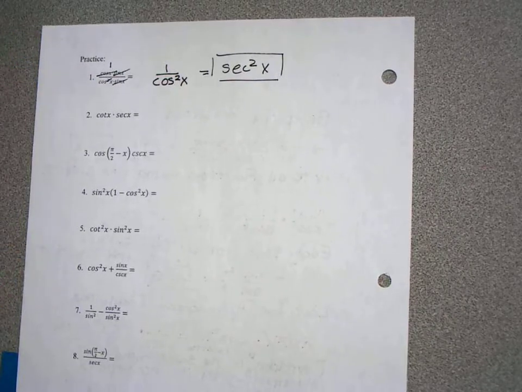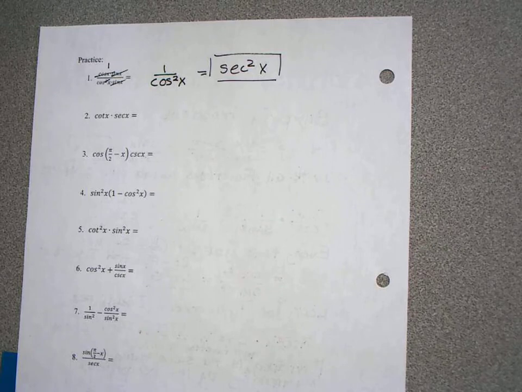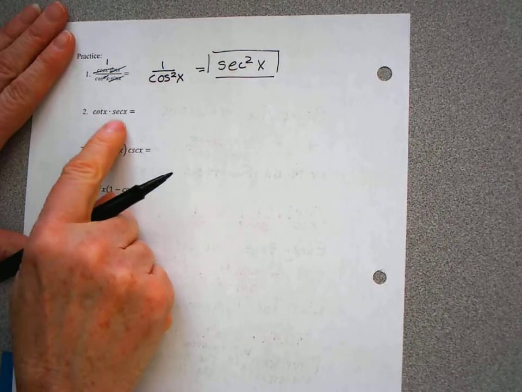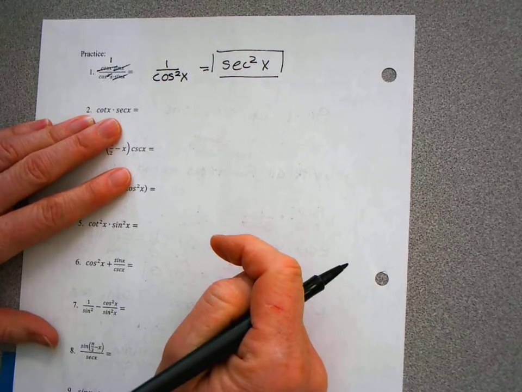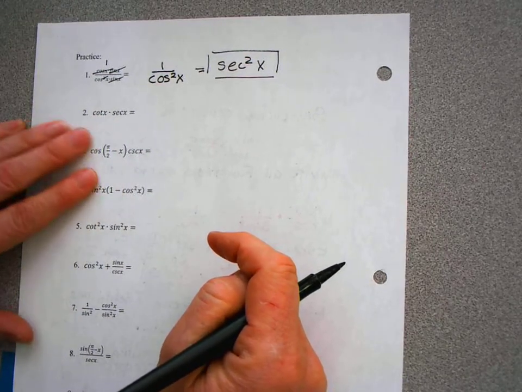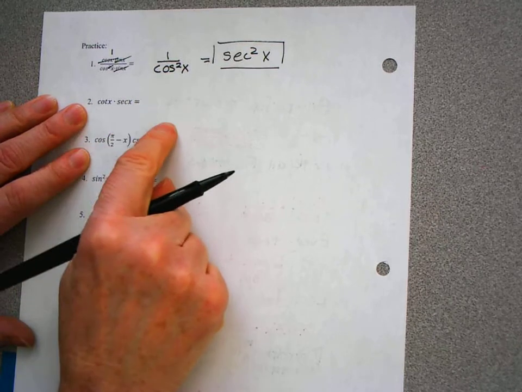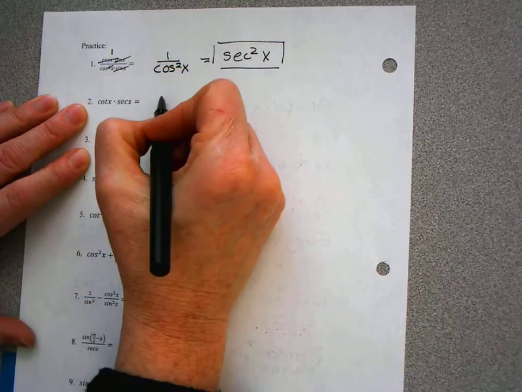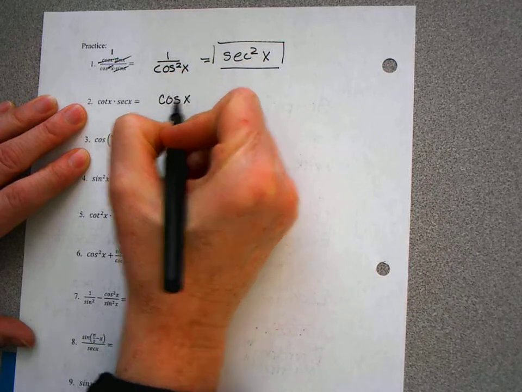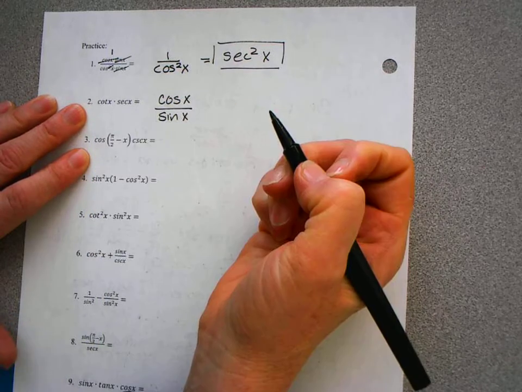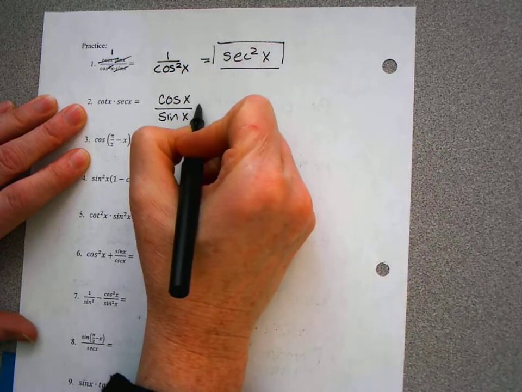Let's do another. Let's do the next one. Cotangent times the secant. Well, I look at that and I think, oh, I don't like reciprocal functions. Let's think in terms of sine and cosine. The cotangent. I think tangent, sine over cosine. So cotangent must be cosine of x over sine of x. I just look at my pink sheet, times, what's the secant?